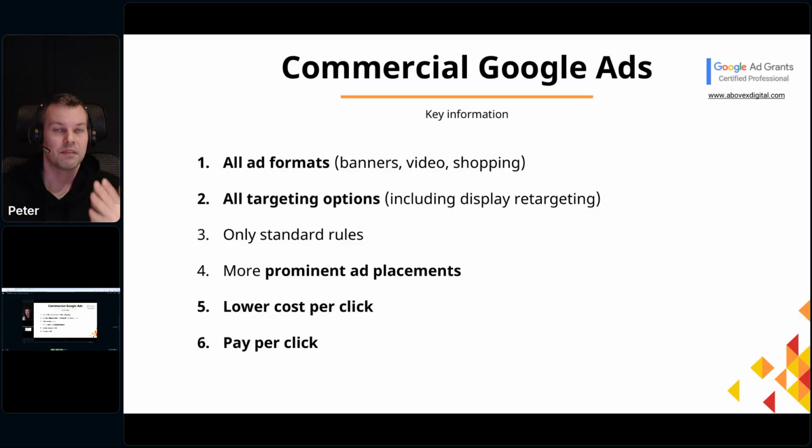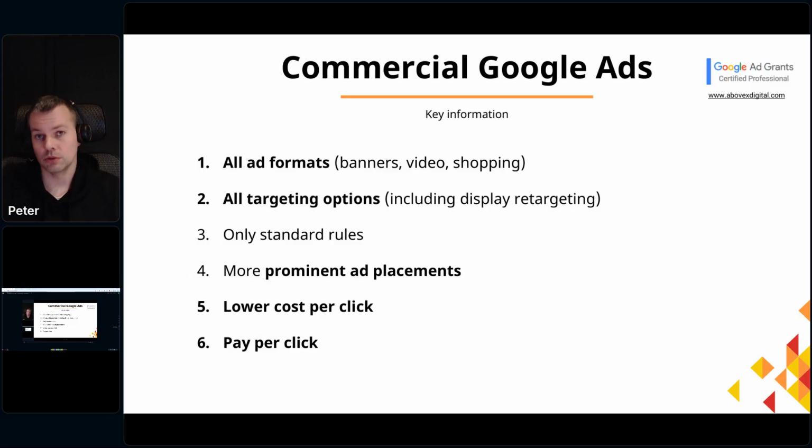Different marketing goals require different sets of campaigns, and here in the commercial account, you can choose which works the best. And you can use all targeting options, so you can use retargeting, demographic targeting, interest-based targeting, keyword targeting, whatever you want.